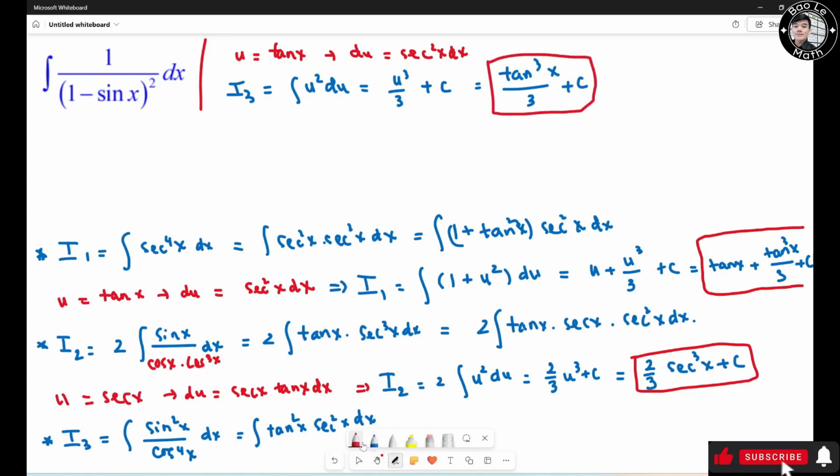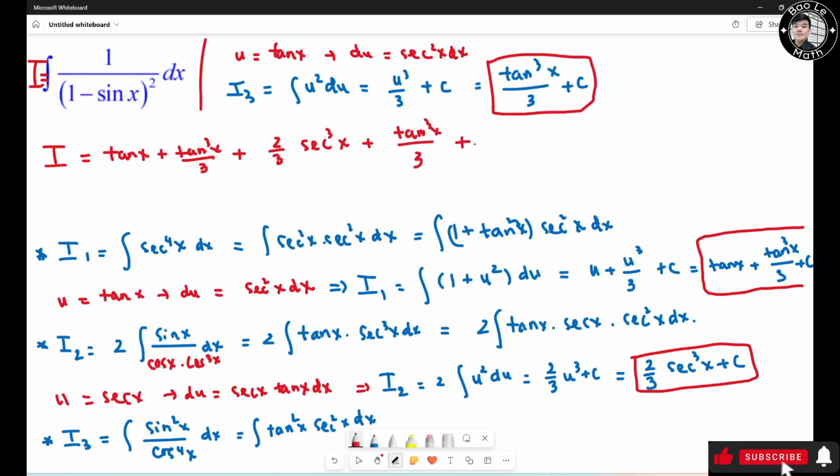Now you're gonna add I1, I2, I3, right? So this one, let this one be I, right? So I becomes I1, which means tangent s plus tangent cube of s over 3, right? Plus I2, it could be 2 third secant cube of s, and then plus I3, which means tangent cube of s over 3, right?